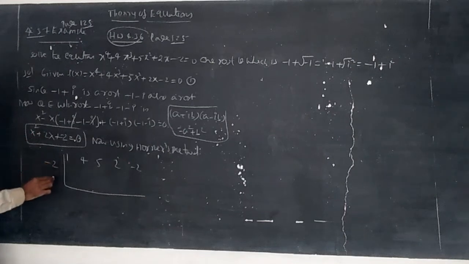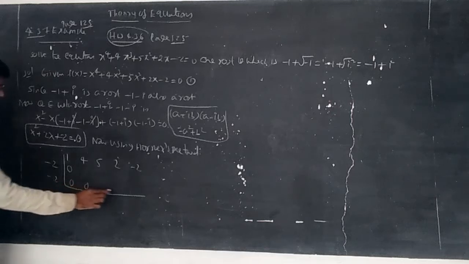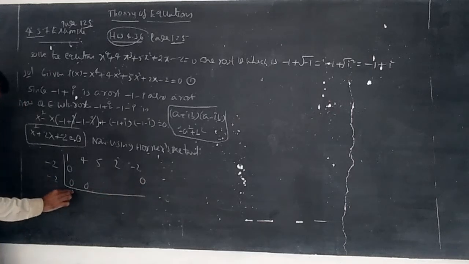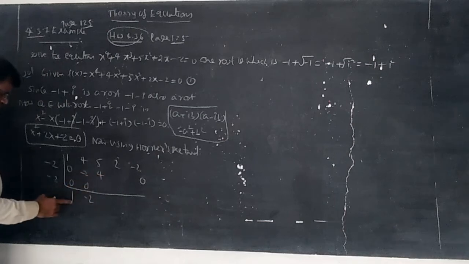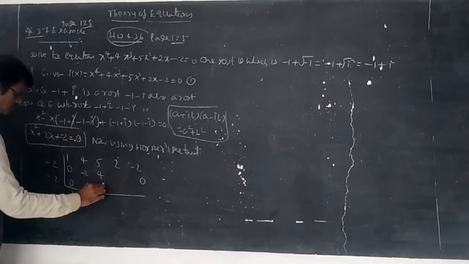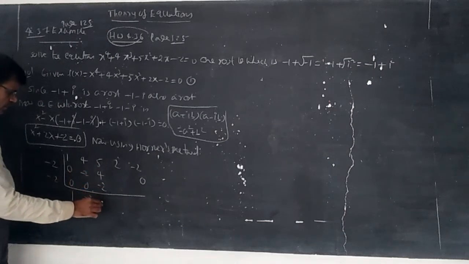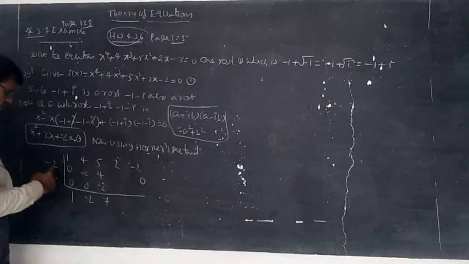Put here minus 2 and minus 2. This is 0, this is 0. Here you write 1 into minus 2, 4 minus 2, 2 into minus 2, this is minus 4, and 1 into minus 2, 5 minus 4 is 9.